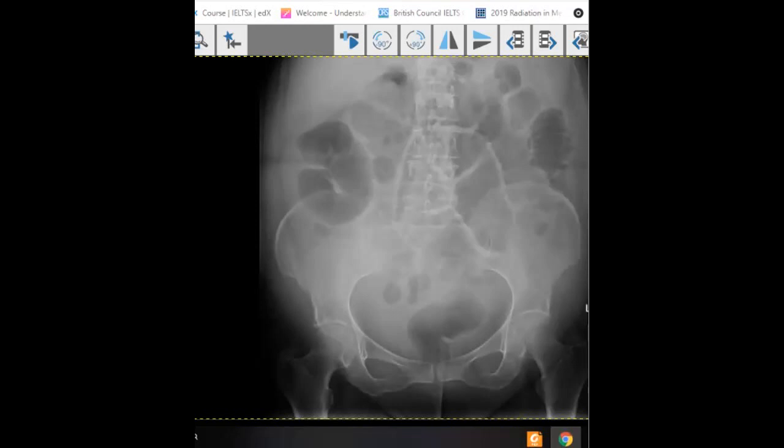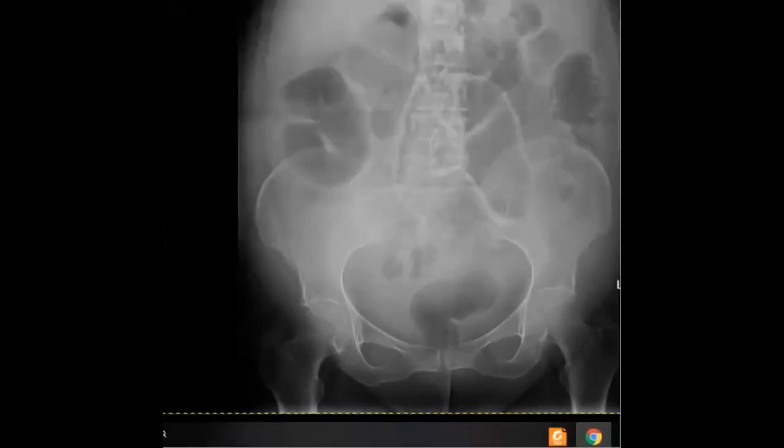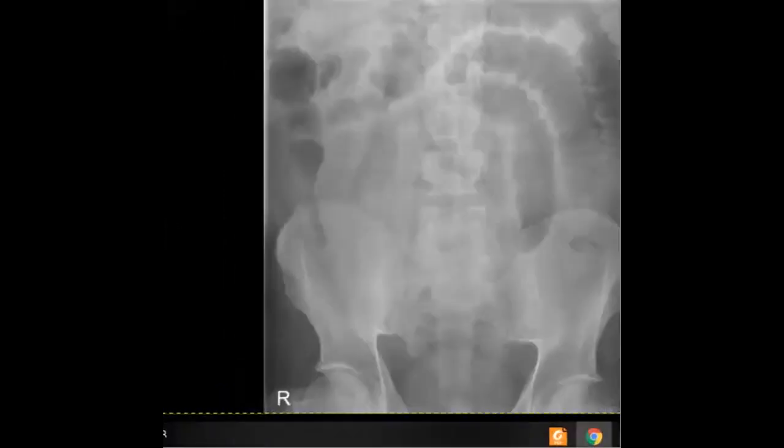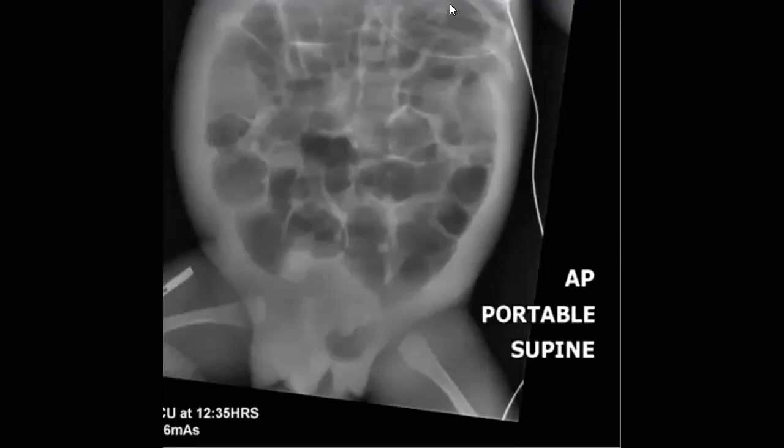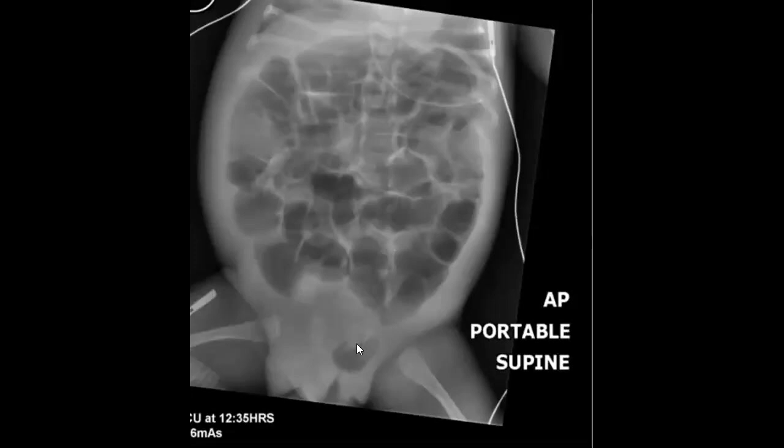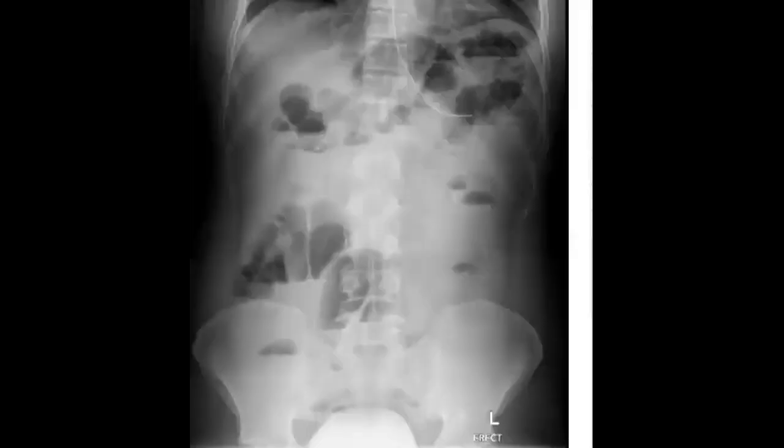Small bowel obstruction. Another picture of small bowel obstruction. Inguinal hernia, small bowel obstruction.